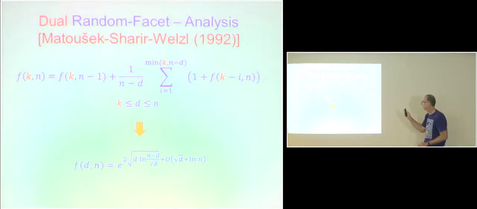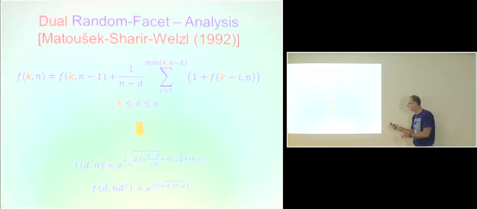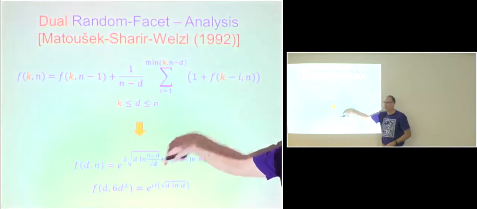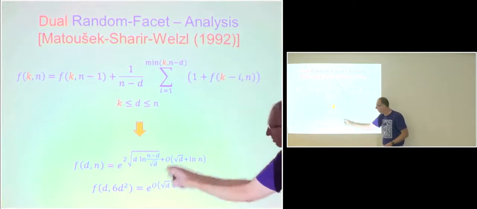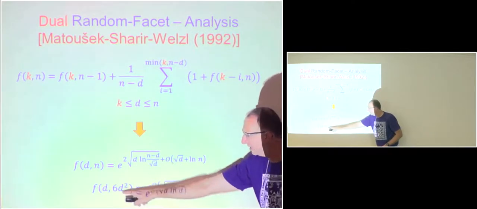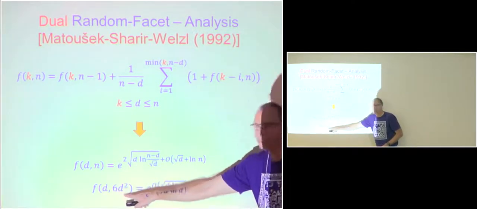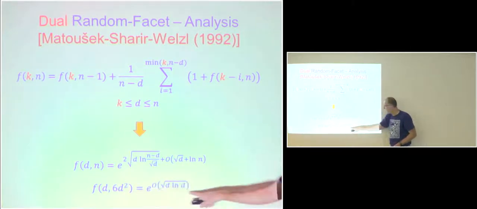Note that since we are going to apply Clarkson's algorithm, we don't really care what happens when n is huge. We only care what happens when n is at most 6d squared, and then we get this term, which is what I promised you in the beginning.